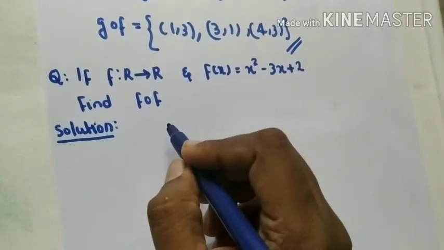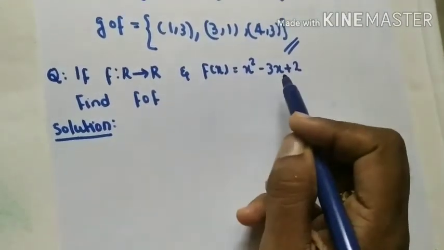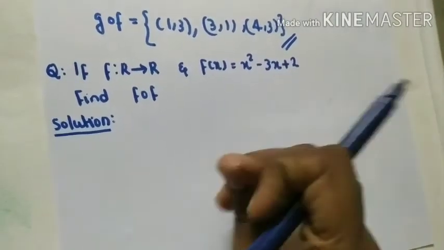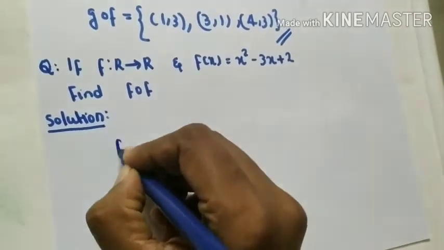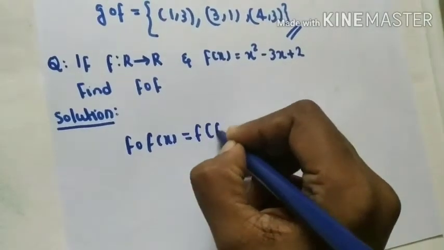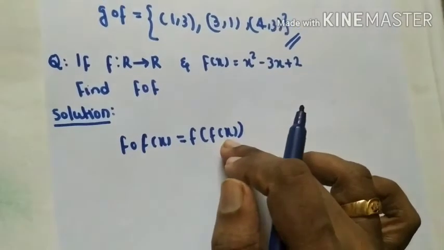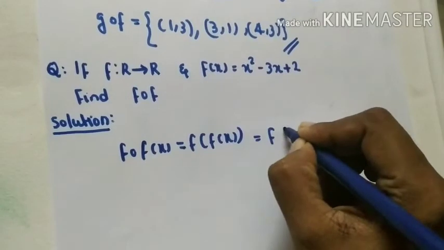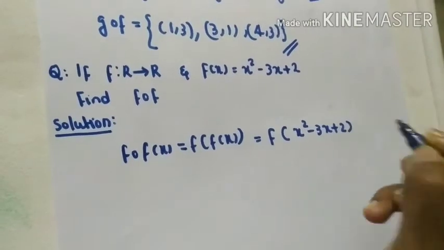In this question, we have only one function, a function from R to R, and we have to find the composition of the function with itself, that is f of f. That means f of f of x equals f of f of x, and we know the value of f of x, so substituting we get f of x square minus 3x plus 2.